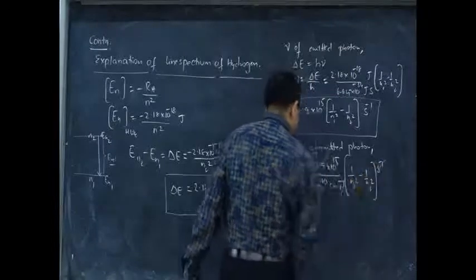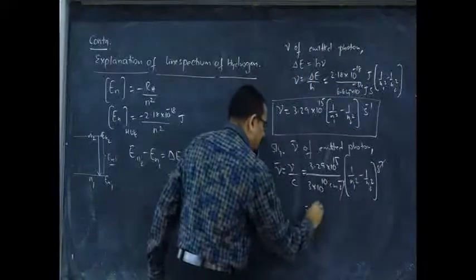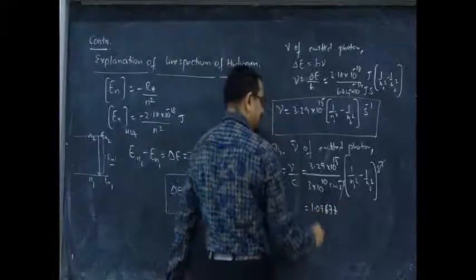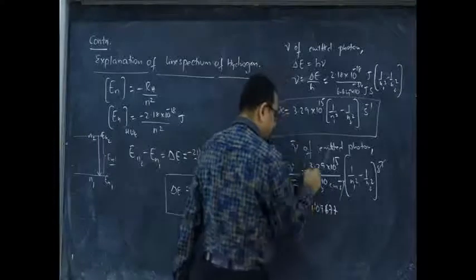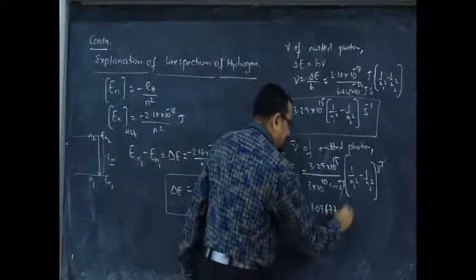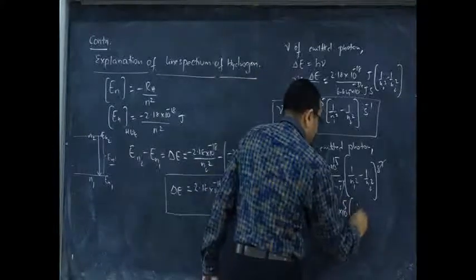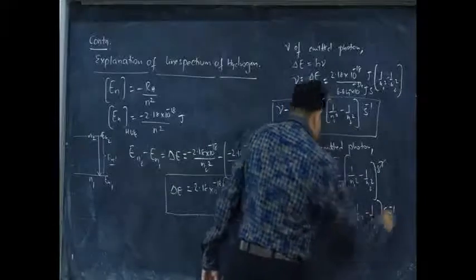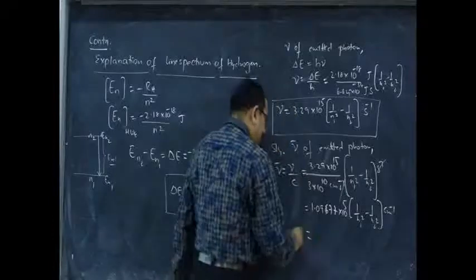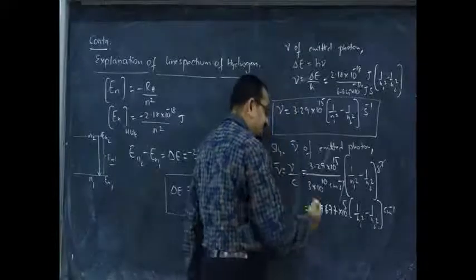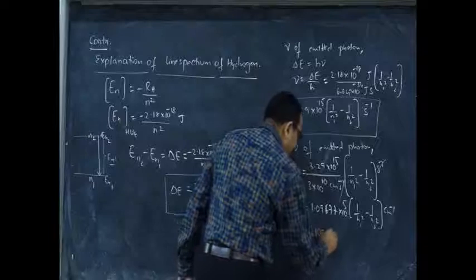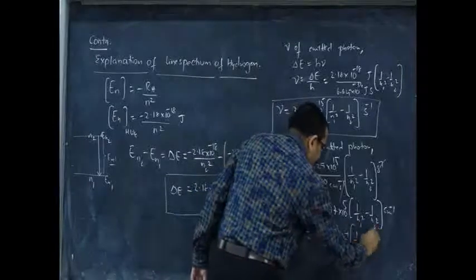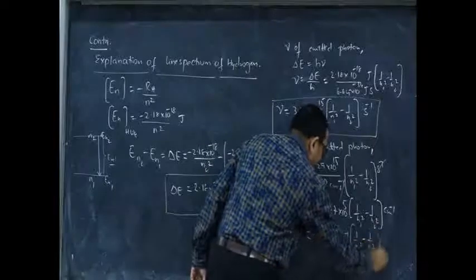And this will be 1.09677, this division 3.29 by 3, into 10 power 5 into 1 by N1 square minus 1 by N2 square per centimeter. You can notice that this equation is similar to the one used by Rydberg, 109677 inverse centimeter into 1 by N1 square minus 1 by N2 square.